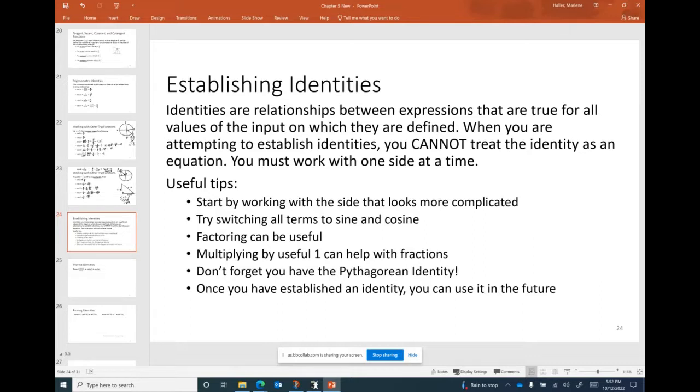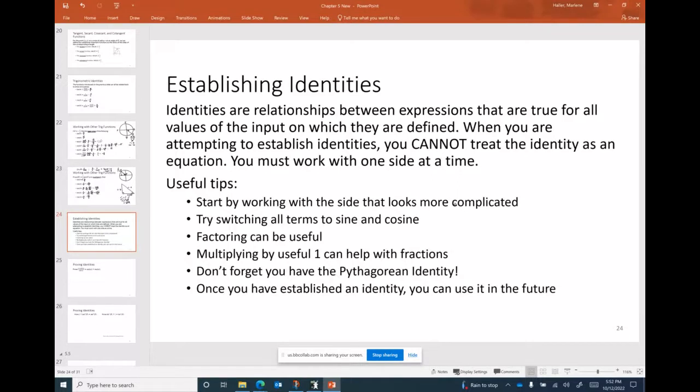You only want to work on one side of the equation, and you're going to do things like make substitutions or do some algebraic operations on it to try to make one side look exactly like the other side. So we start on the side that looks more complicated because it's much easier to simplify than it is to start with something simple and expand it to something more complex.